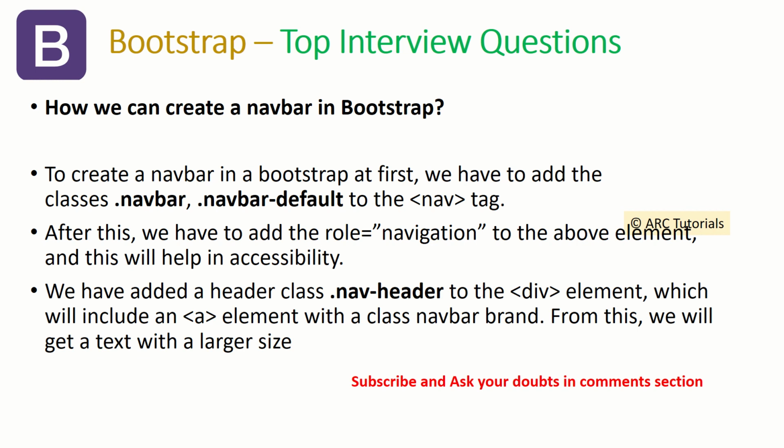Now, this is a very common question when it is asked in Bootstrap, which is how do you create a navbar in Bootstrap? So to create a navbar, you'll use a div with the class called .navbar, and we can also style it using .navbar-default. And this is done using the nav tag.